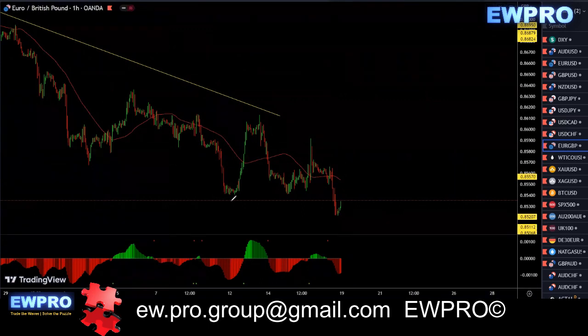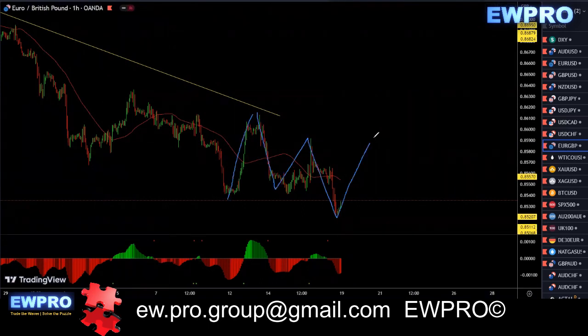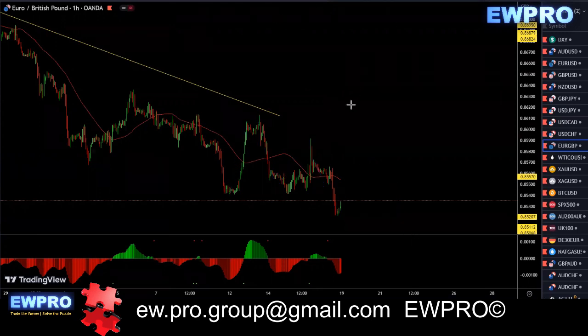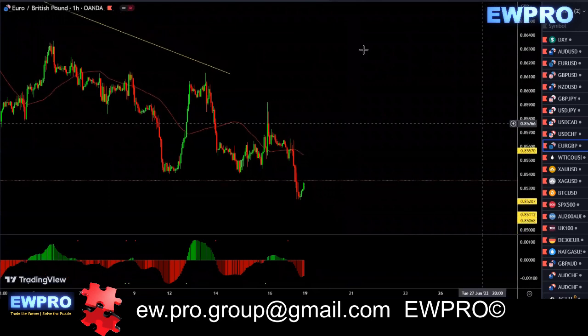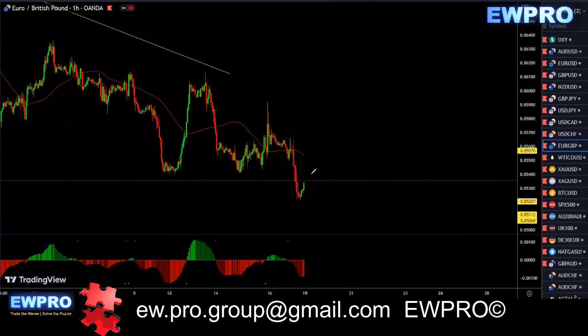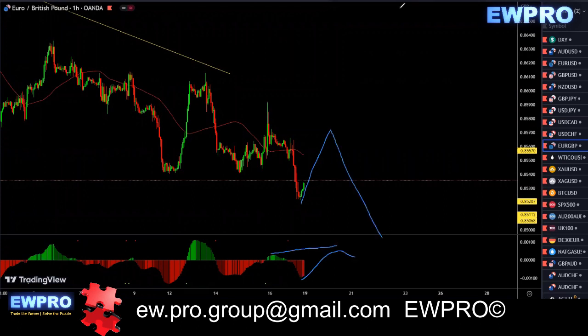You could sort of look at it as 1, 2, 3 in here. We get a flat in here, and then you could look for a sell. Or you could look for a bear hidden divergence in here, and then look for a sell.